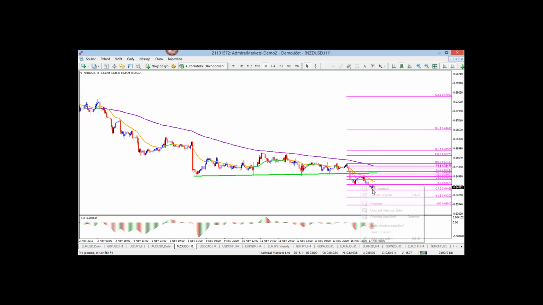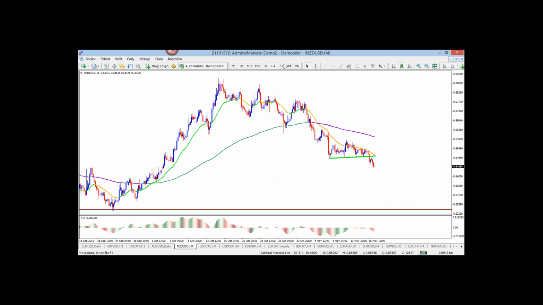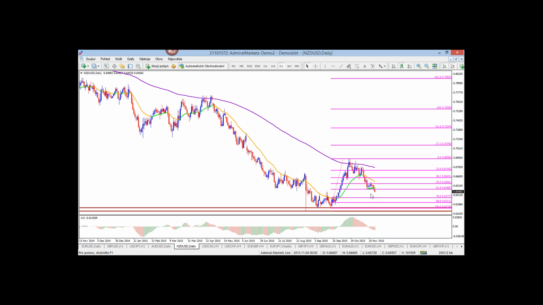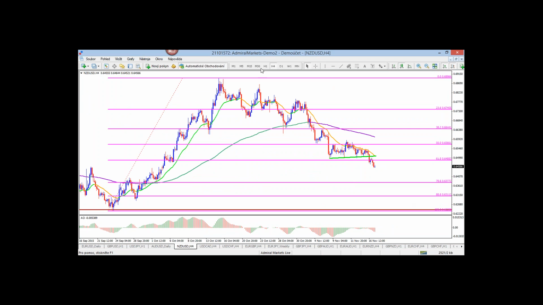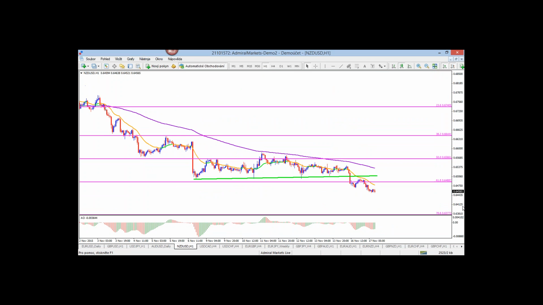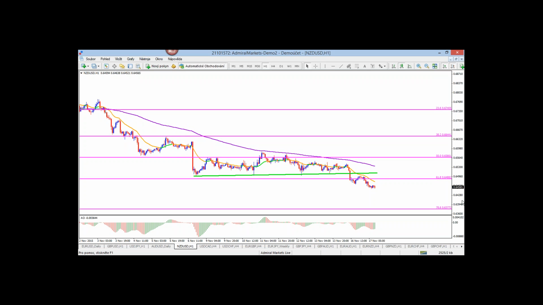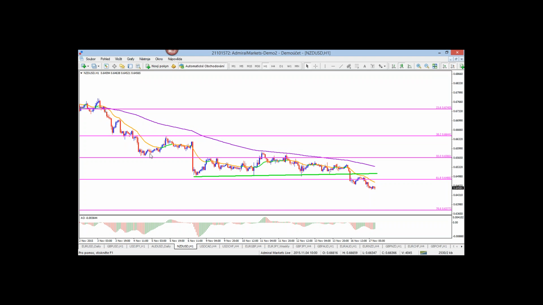64.20. All right, let's put a fib from here to here. 63.77. So I would say, I would go with the 78.6 fib. I think it's 63.80 probably. 63.77 is the 78.6 fib. Looks like a good fib so far. It has been respected at 38.2, fib 50, 61.8 roughly.